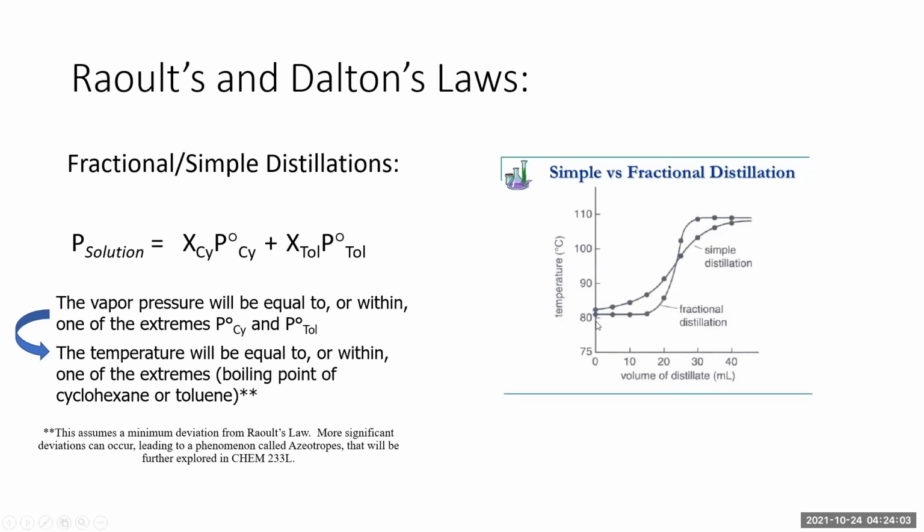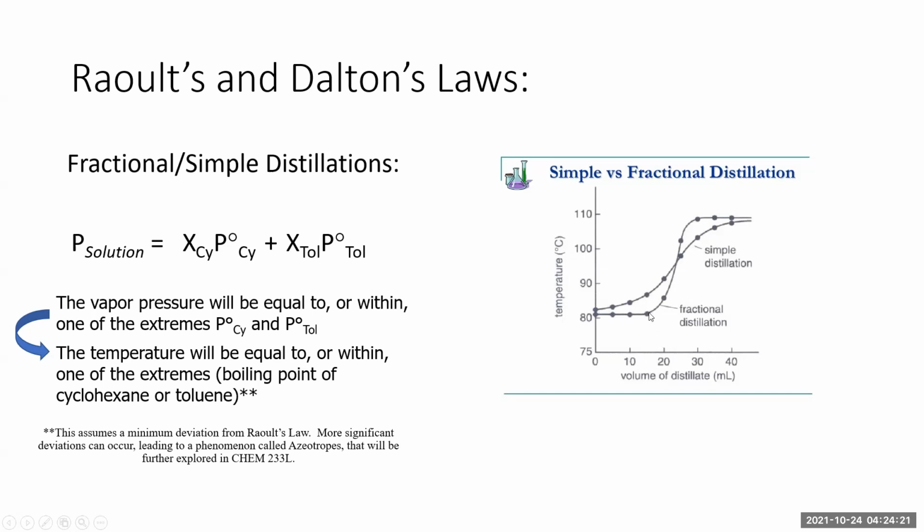So what would happen for the graph in terms of an ideal situation is we would have a period of time where we're just collecting pure cyclohexane. So let's say about 15 milliliters or so of pure cyclohexane gets collected.